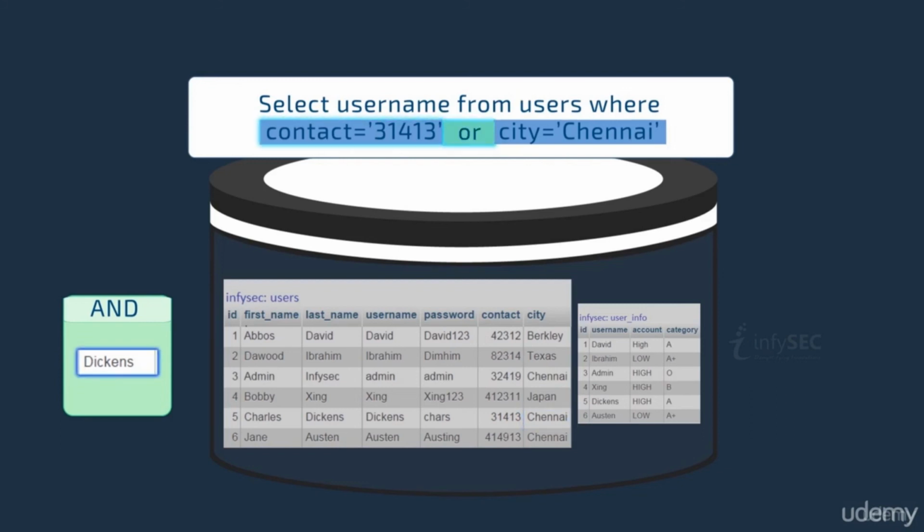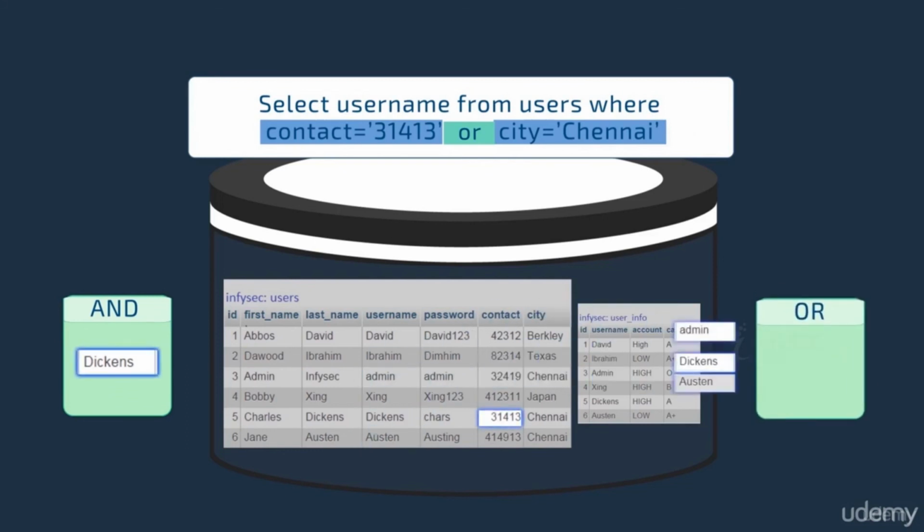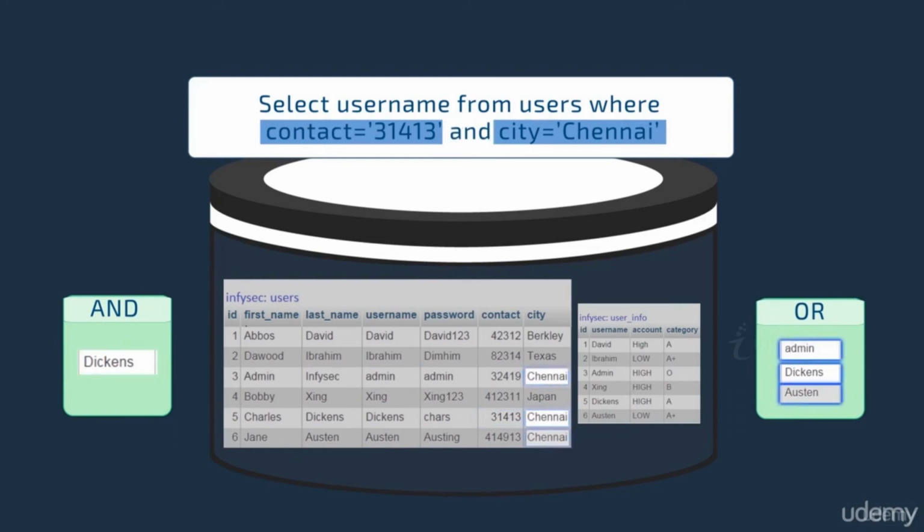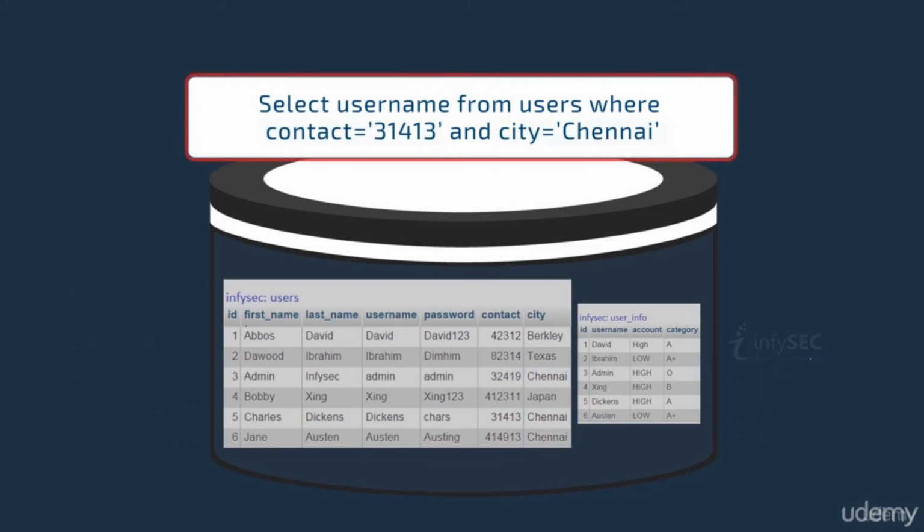On the other hand, OR operator fetches a record if either the first condition or the second condition is true. In the same example, when an OR operator is used, it fetches records of users who have either the given contact number or the city as that of the user input. This is how a select statement works.